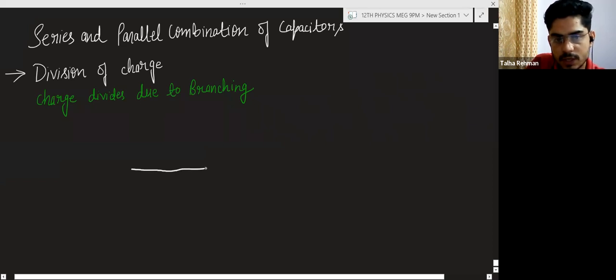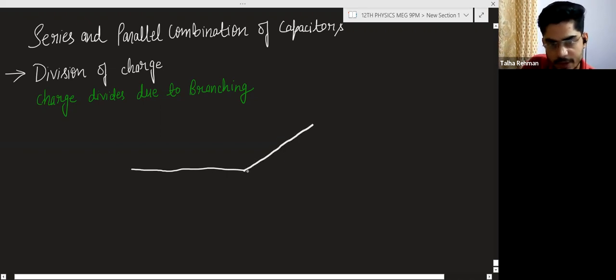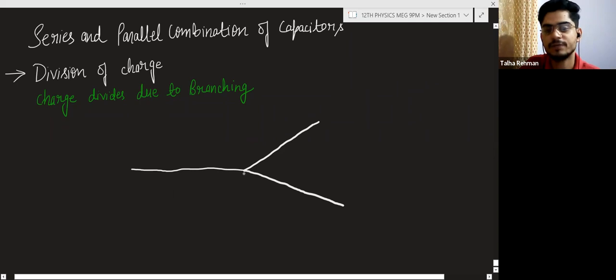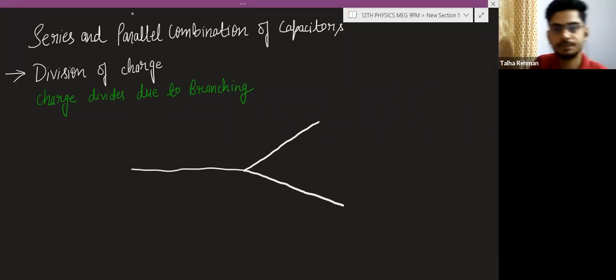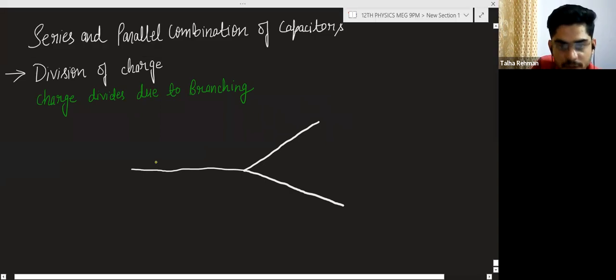Suppose here is a wire. And now we have connected another wire to this wire, which means we have generated a branching in it. So what will happen? Suppose earlier in the wire Q1 charge is flowing, and here is also charge Q1.